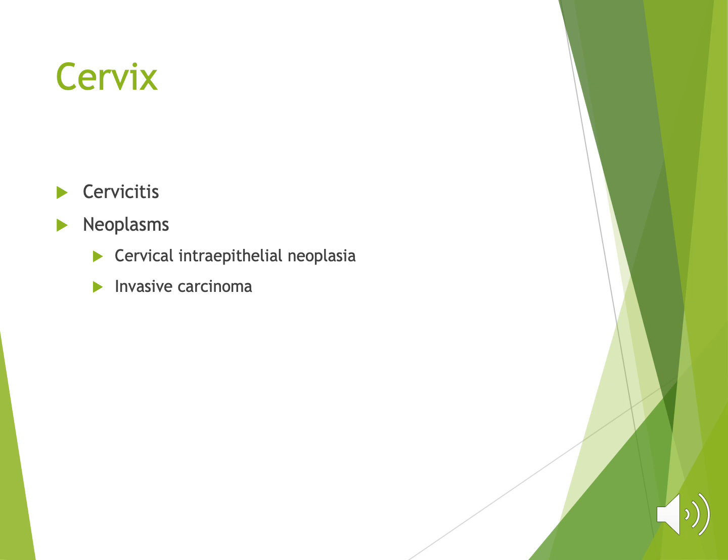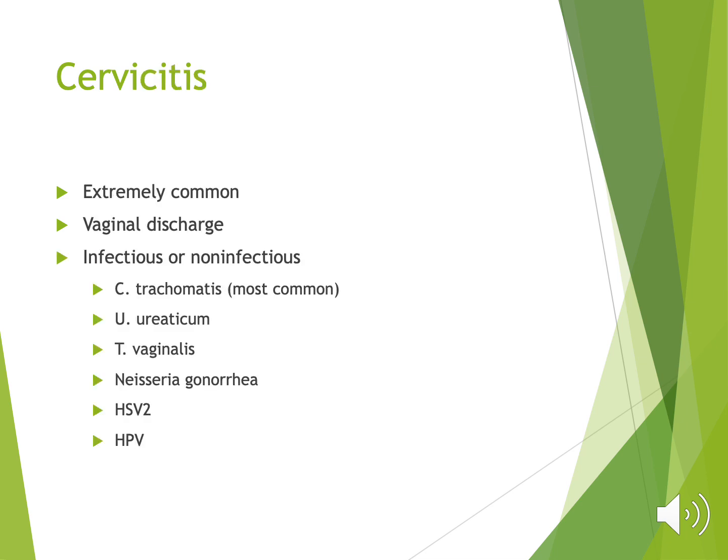The cervix is part of the uterine corpus, and it can be affected by cervicitis or by neoplasia. Cervicitis is very common. It results in discharge through the vagina. It can be infectious or non-infectious, and it's difficult sometimes to differentiate between the two because a lot of these organisms are actually normal flora of the cervix.